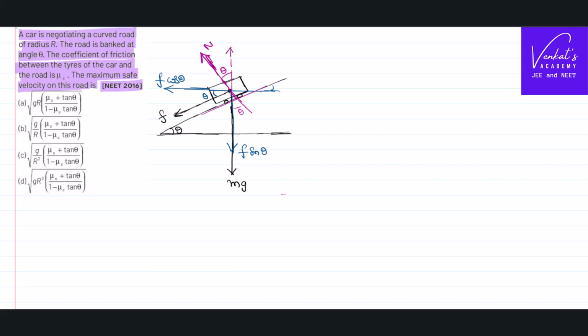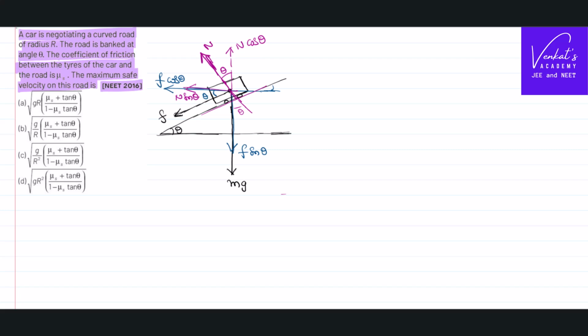Then this becomes the adjacent component, N cos theta, and the other component perpendicular to that is N sin theta. Once you identify all the forces acting on the system, you will be able to draw the diagram again.